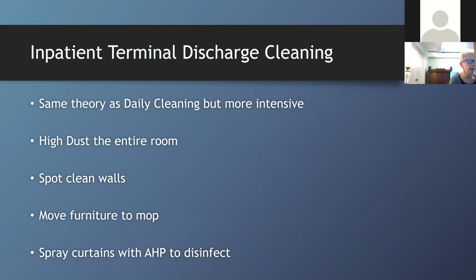Curtains, privacy curtains have always been an issue. And there should be a policy and procedure with how often those are changed. Generally, a lot of facilities will say that privacy curtains need to be taken down and laundered after a patient on isolation is discharged.